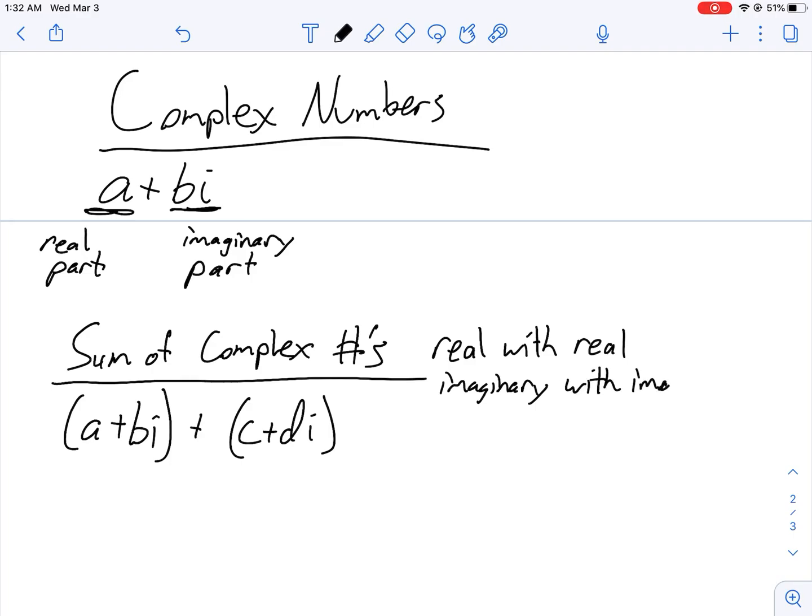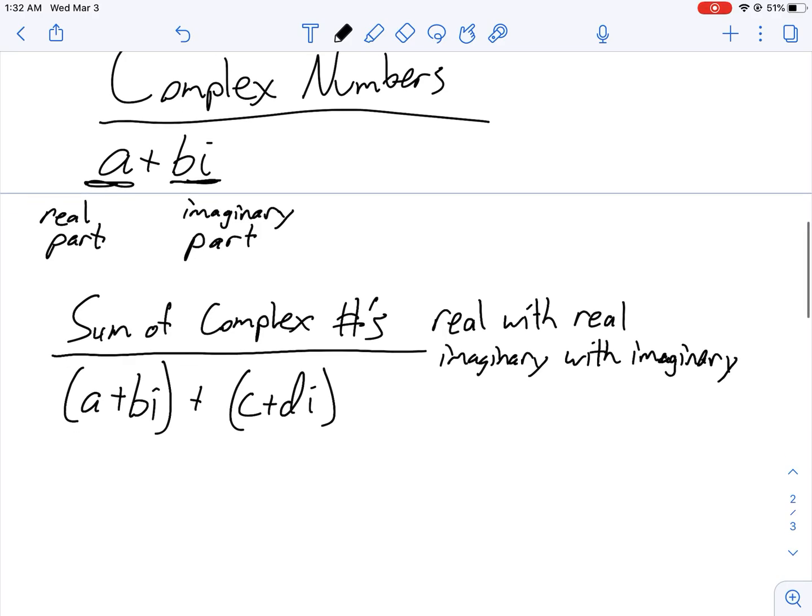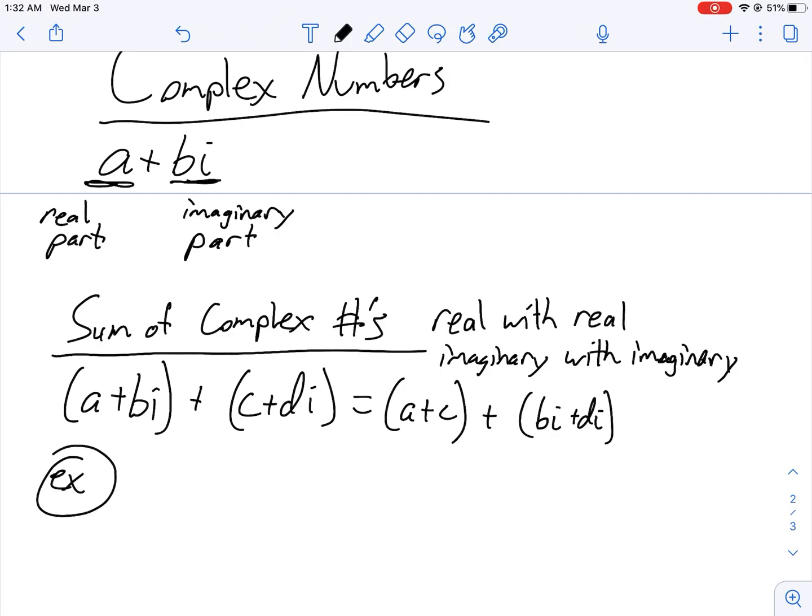So real with real, imaginary with imaginary. So if we have a plus bi plus c plus di, the a and the c get to add together. The bi and the di get to add together. So an example of that, if I have 6 plus 3i, that's a complex number.